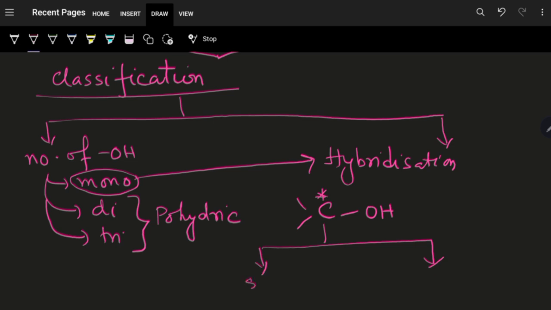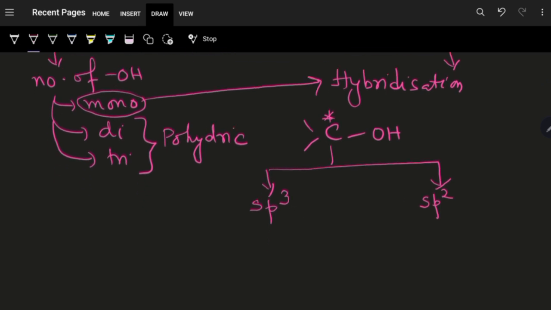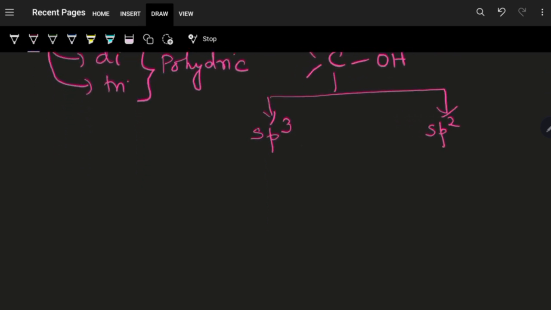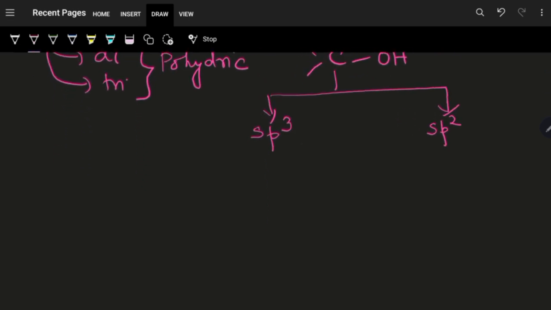That is what we have seen in the previous modules for haloalkanes as well. If this carbon is sp3 hybridized, then they can be primary, secondary, tertiary alcohols. So for sp3, we can see 1 degree alcohol, 2 degree alcohol, 3 degree alcohol.